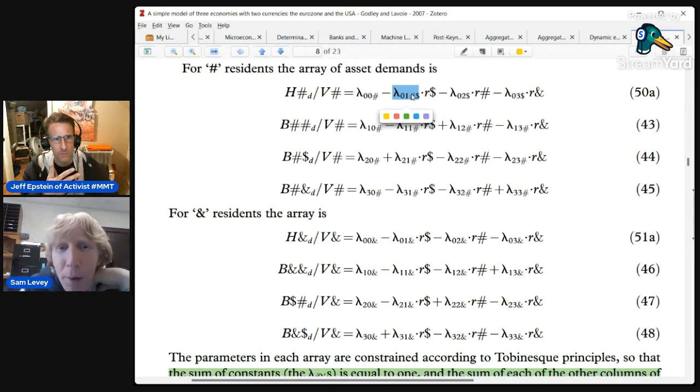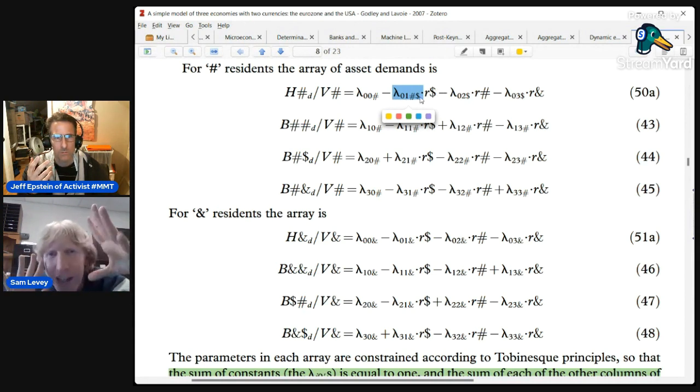You could say that, but more typically, here's a term in the equation, and this term, this R $, is the more important thing, and this lambda is the coefficient that multiplies the R $. So it's the parameter. You can use the word parameter or coefficient a little bit interchangeably. Okay.